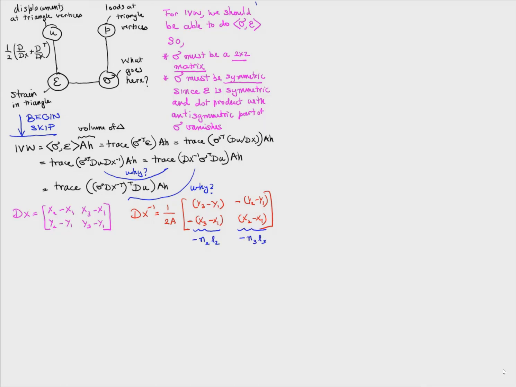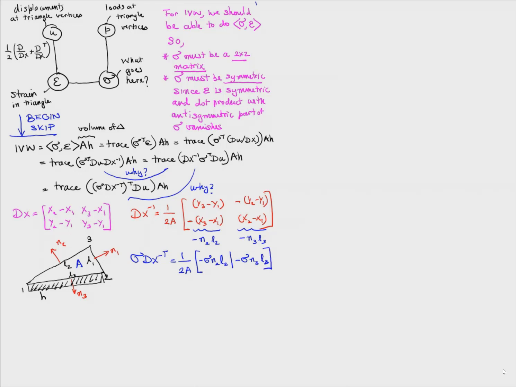So for the internal virtual work, sigma times dx inverse transposed is 1 over 2a, where a is the area of the triangle, times minus sigma times n2L2 and minus sigma times n3L3.